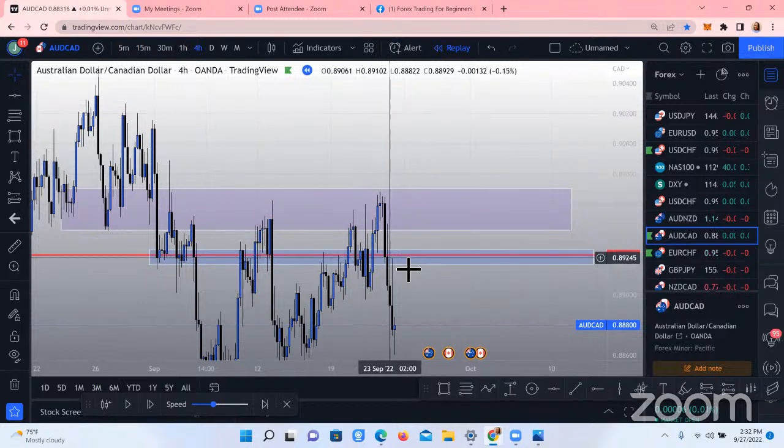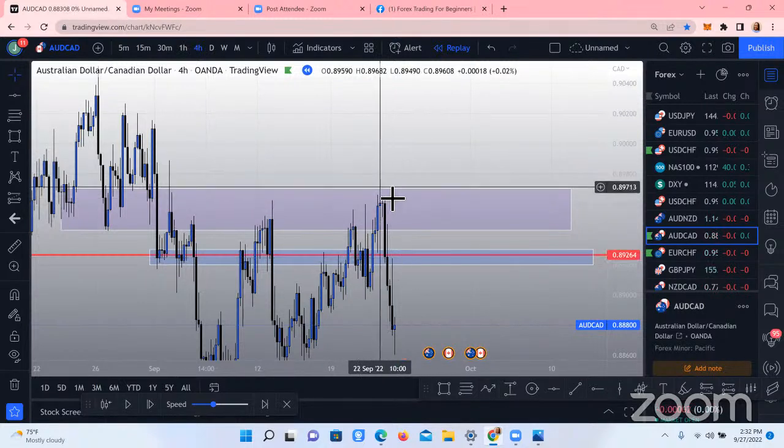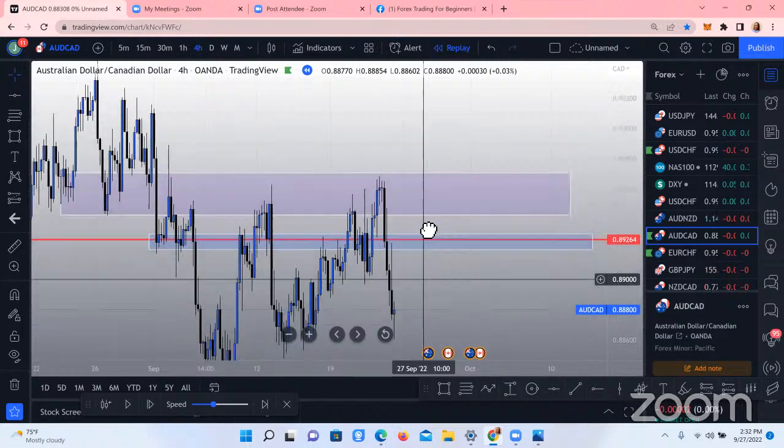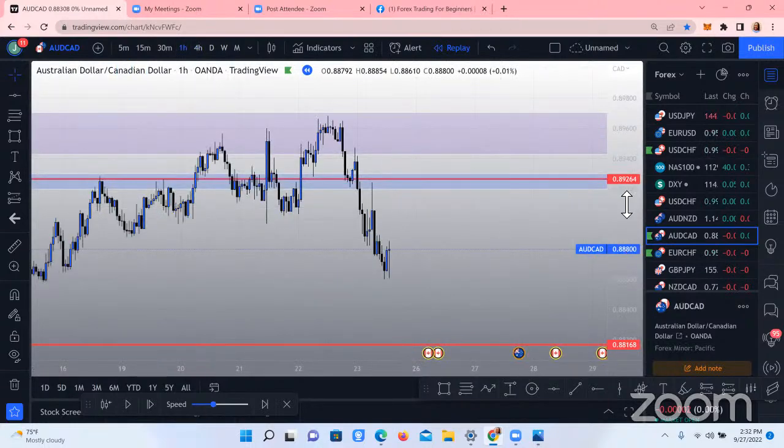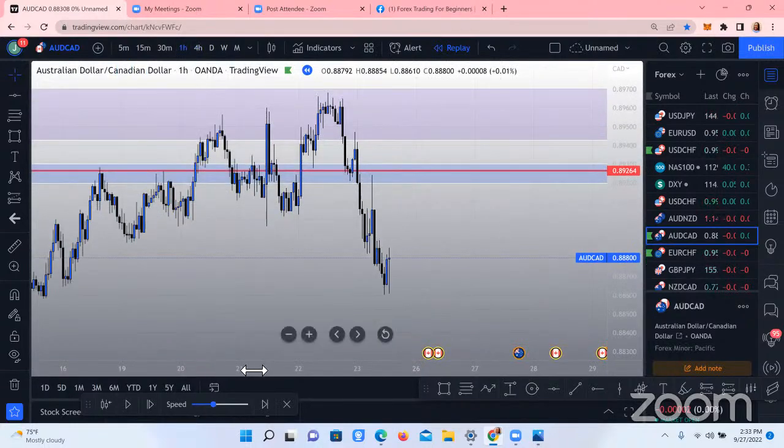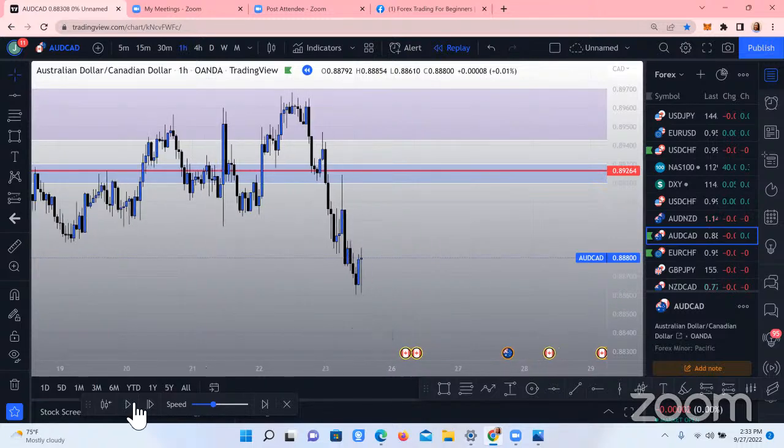If price gets right here and starts reversing, we're gonna put our stop loss right there. So that's where we're gonna put our stop loss. So let's go on to this hourly, and we're gonna play it forward just to see what happens.